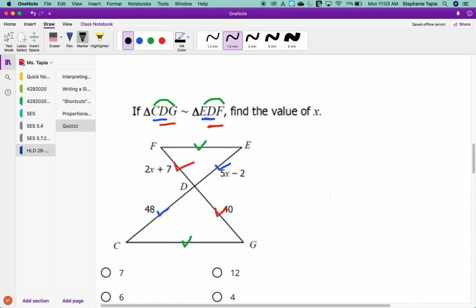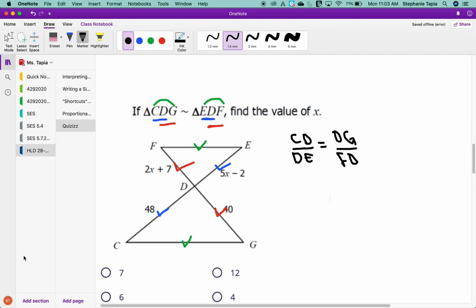So I can do CD is to DE the same way that DG is to FD. So all the information that I needed was in my similarity statement.